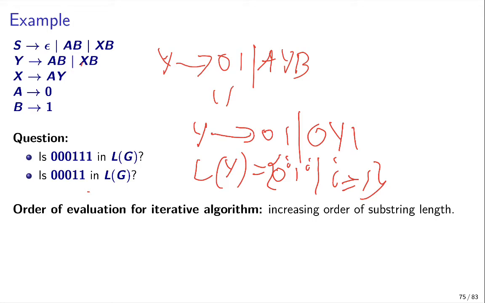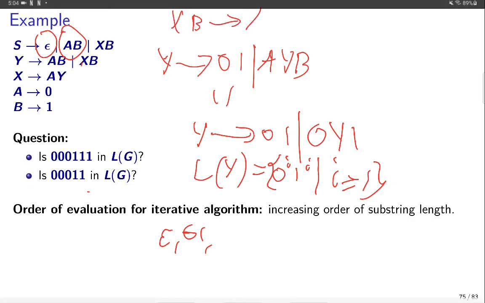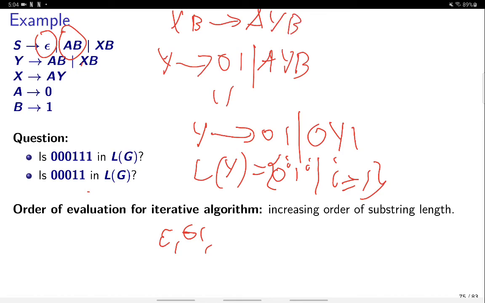Now let's go to the grammar of S. S can derive epsilon, or AB, which just means 0, 1, or it derives XB. But XB, to remind you, is just AYB.